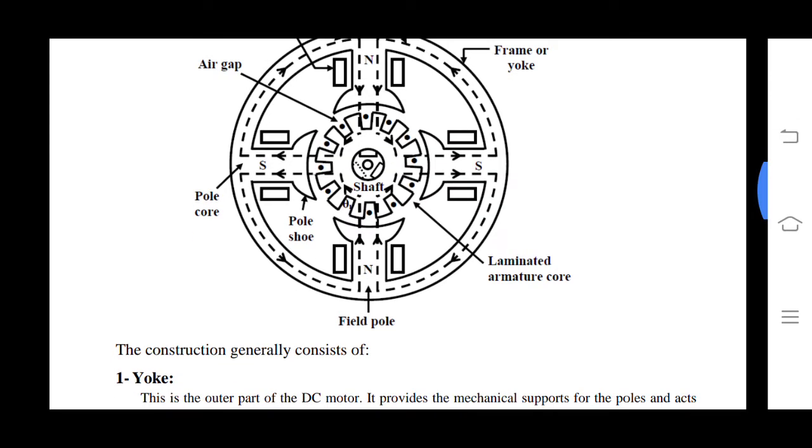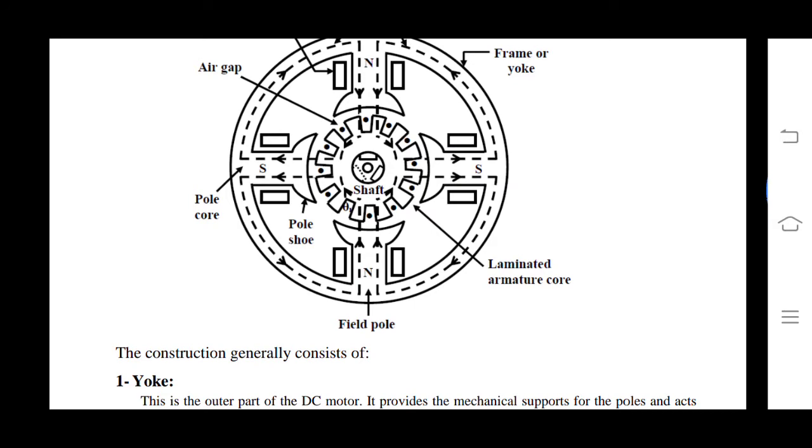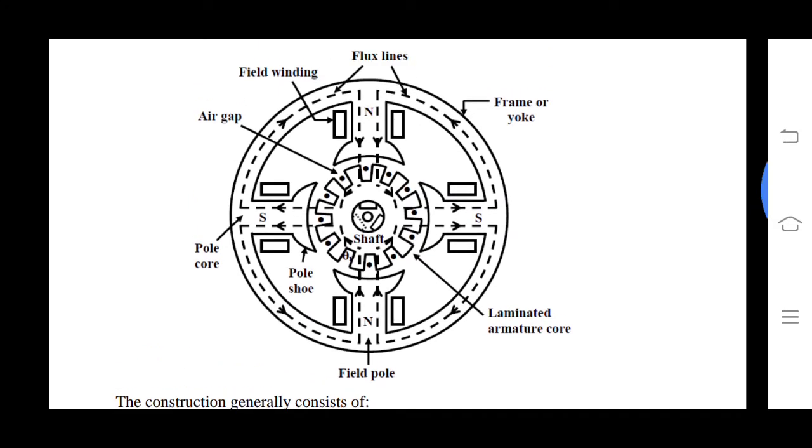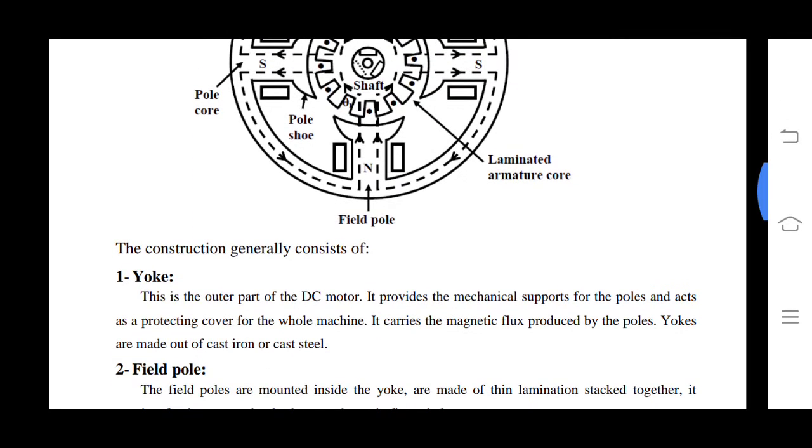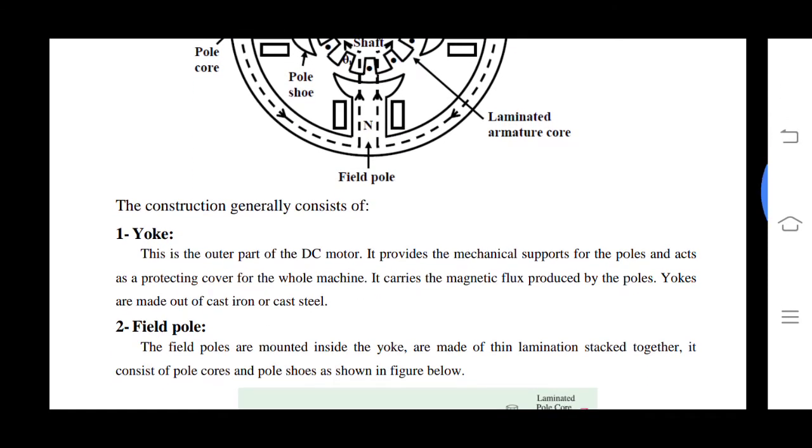The outermost layer is the frame or yoke. If it is an AC machine, we call it the stator frame, but for a DC machine we call it the yoke. The first point is the yoke. This is the outer layer of the DC motor.